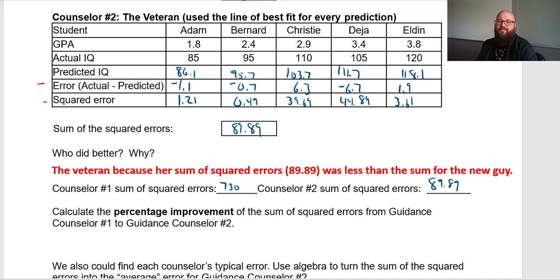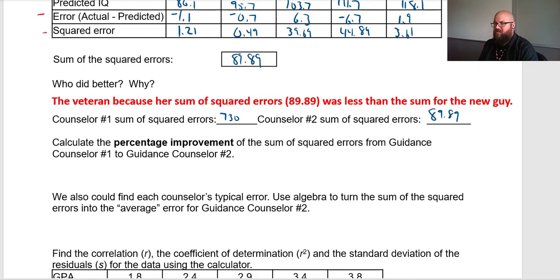So now it wants us to calculate the percentage improvement of the sum of the squared errors from guidance counselor number 1 to guidance counselor number 2. So to go from guidance counselor 1 to guidance counselor 2, let's go ahead and use the values that we have for these guys. So the squared errors. So we know counselor 1 had 730, and we're going to subtract counselor 2's squared errors of 89.89, and then to get our percentage, we want to divide that by our counselor 1, which is 730.